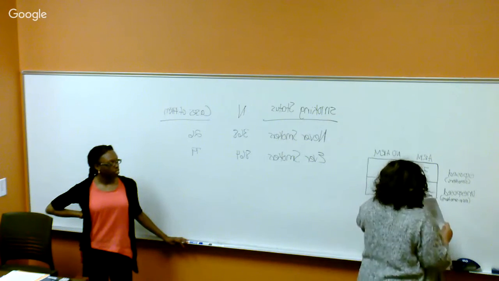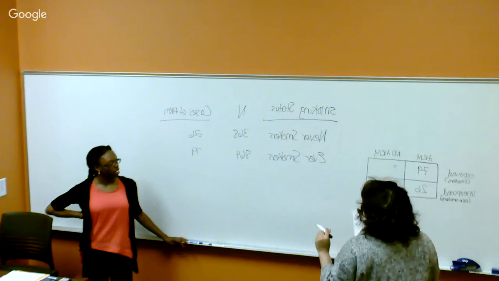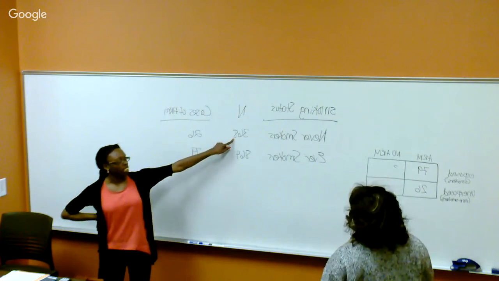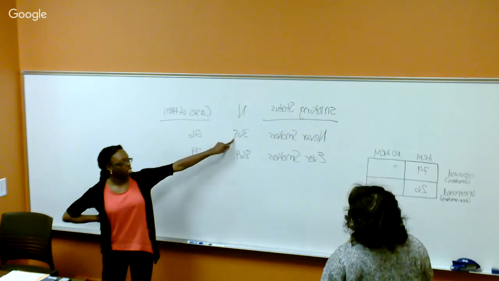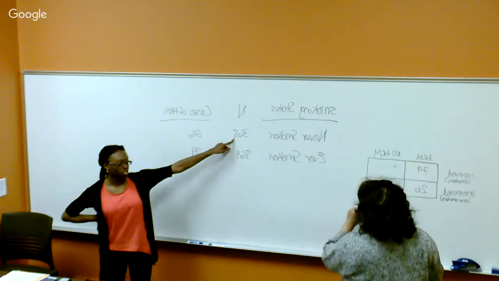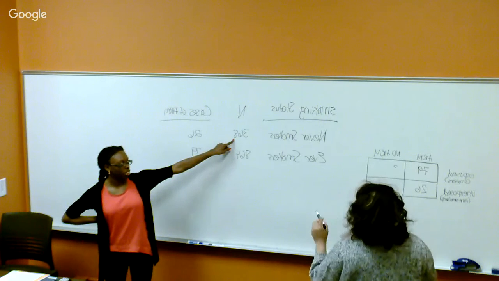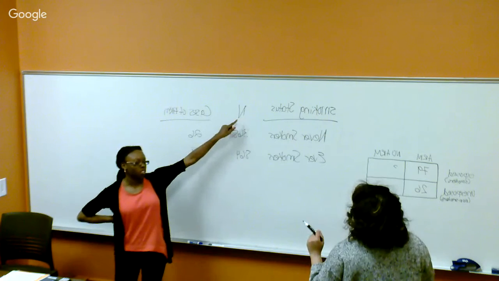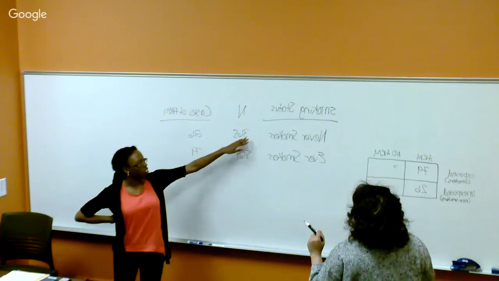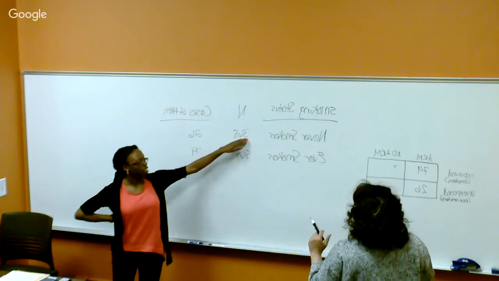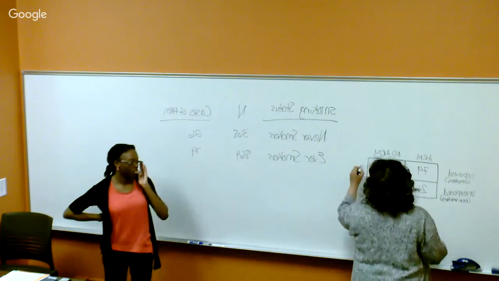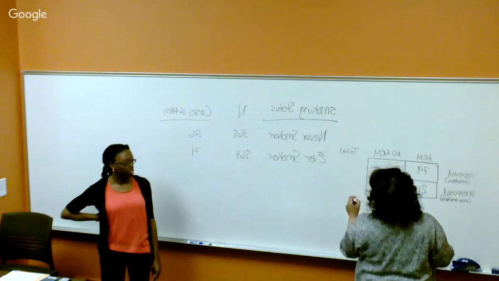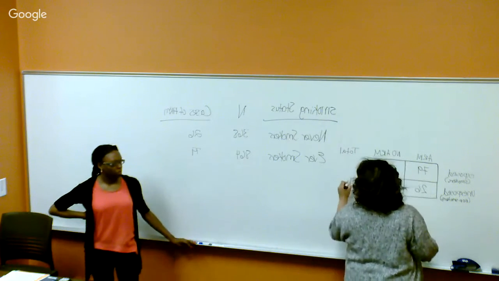Or wait, hold on one second. So this 368 is actually all non-smokers. Yeah, because whenever you see N, that just means total. So this is everybody that was not a smoker. I see. So then the total should go here.